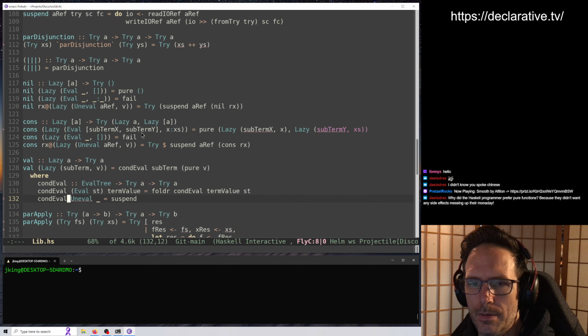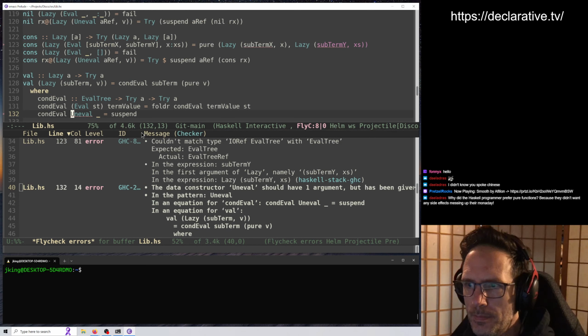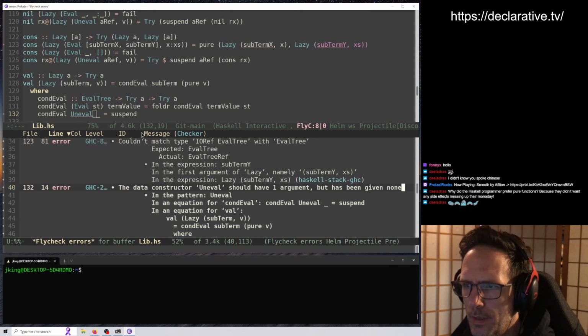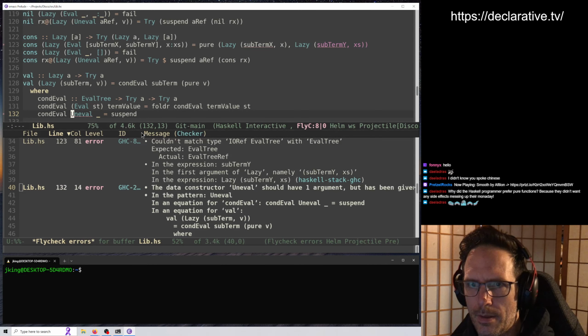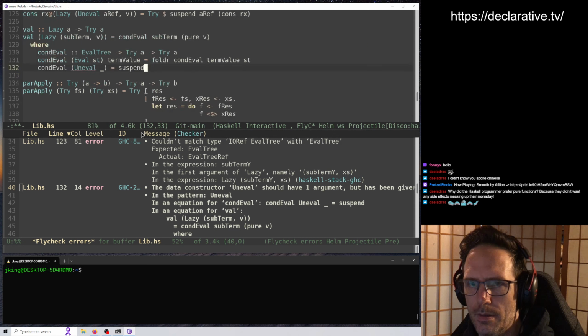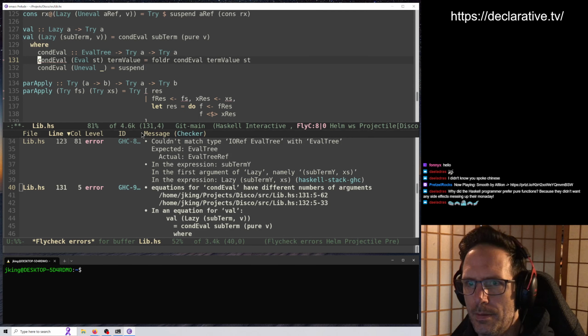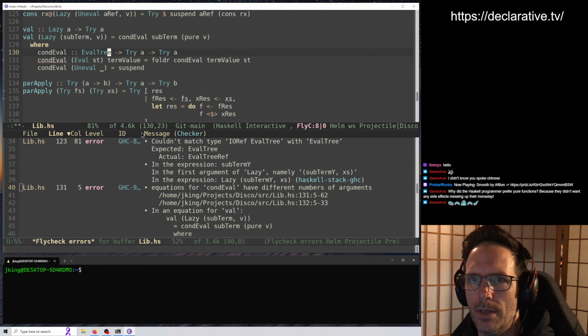I missed this one here. Eval should have one argument, but has been given none. Oh, that's because that needs parentheses. And this one shouldn't have term value, different number of arguments.